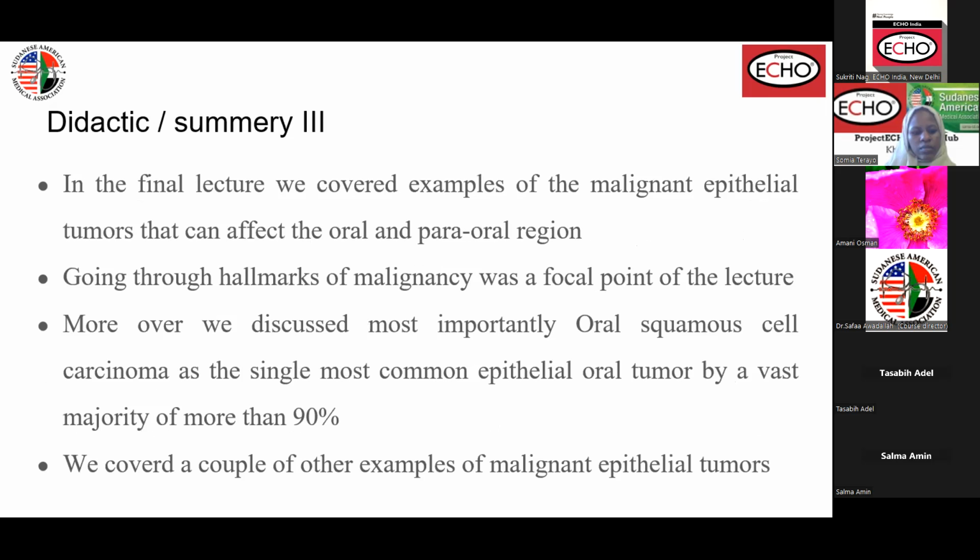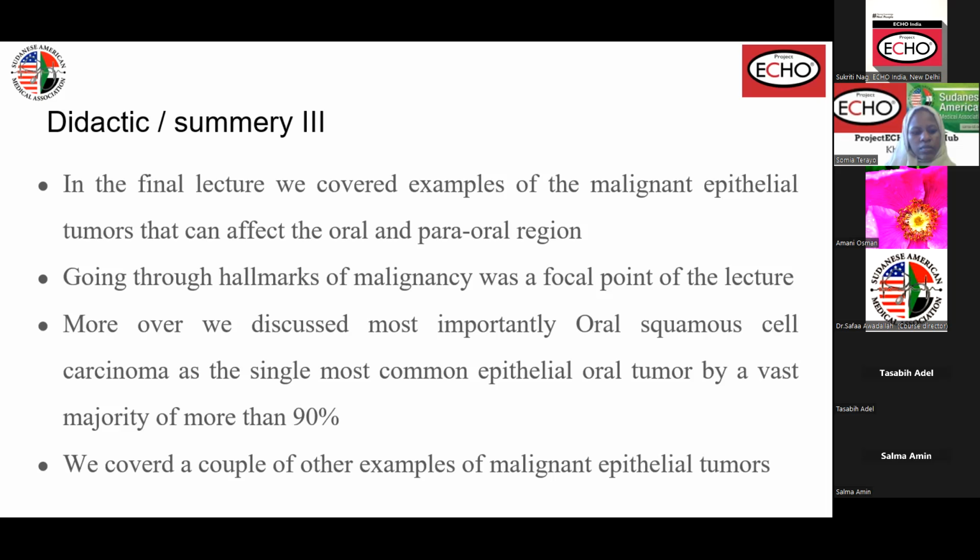In the final lecture, we covered examples of the malignant epithelial tumors that can affect the oral and paraoral region. Going through hallmarks of malignancy was a focal point of the lecture. So we looked at all the features that can discriminate different types of cancer from the normal tissues in the body. And then we focused on examples from the oral region.